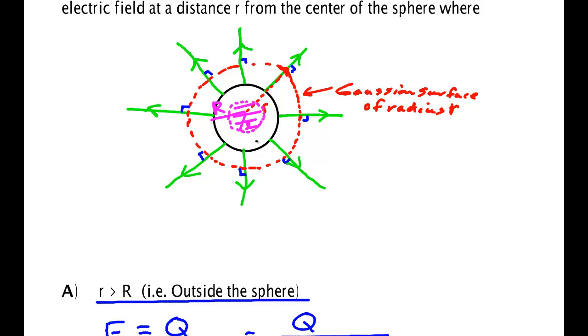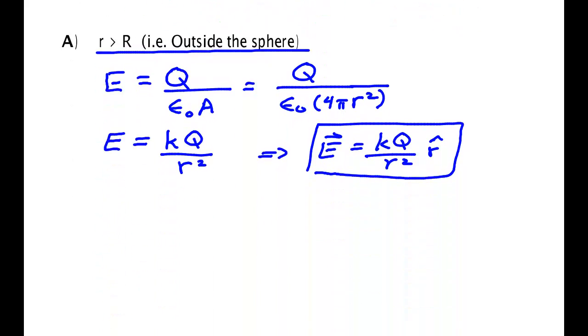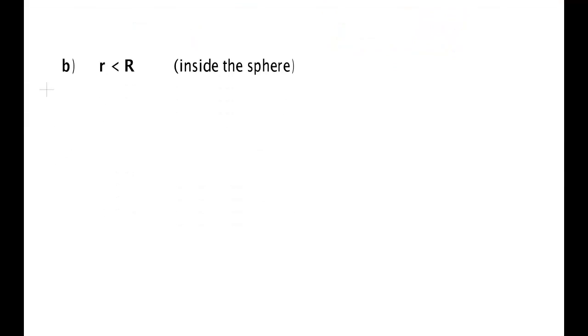Only the enclosed charge, not any of this white Q, counts. So for inside the sphere, we again have the same formula work. E is equal to Q enclosed over epsilon naught A.